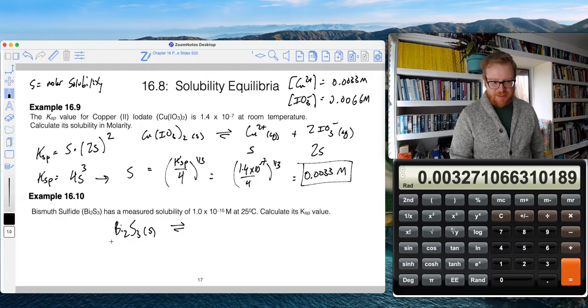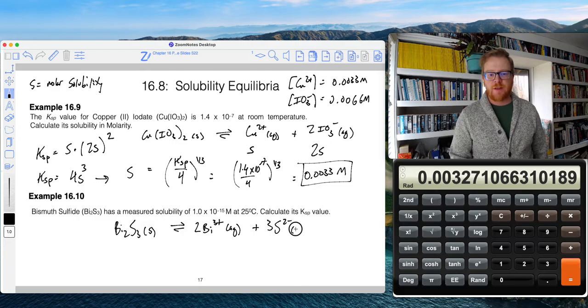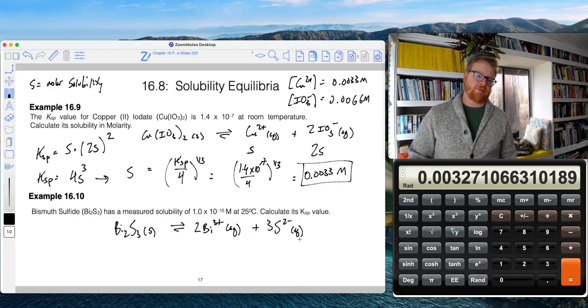So that means this is 6 minus. So that bismuth has to be 3 plus, okay? Make sure you're good at working out your formulas and all of these stoichiometric ratios, okay? And so now that means we need 3 sulfides that are 2 minus, okay?